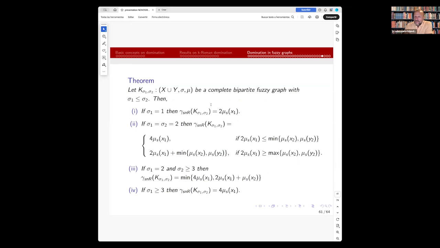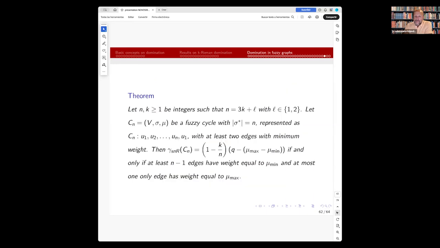In this case, we have done it for the complete bipartite graph. As you can see, it's not easy to describe this number. In this case, it's not so easy as in the case of Roman domination. And also we have tried to do it in the case of cycles and fuzzy cycles and fuzzy paths.